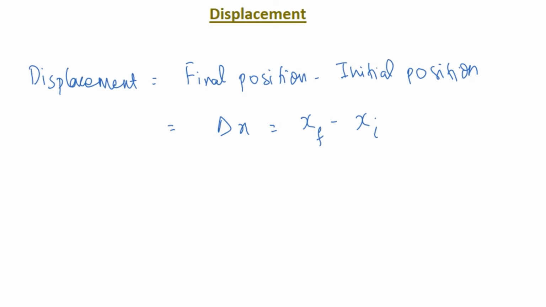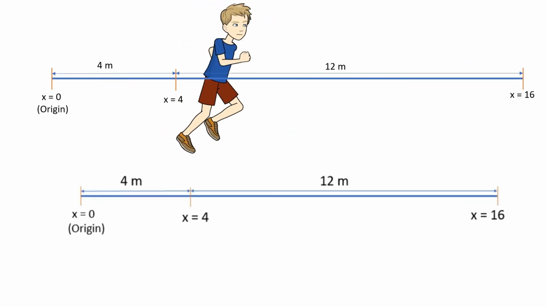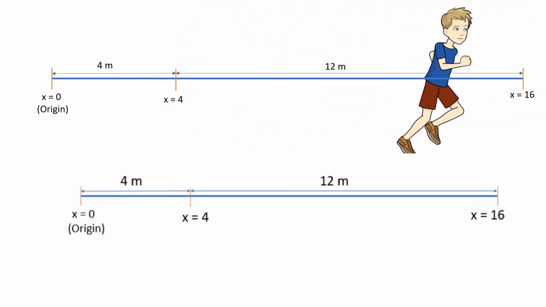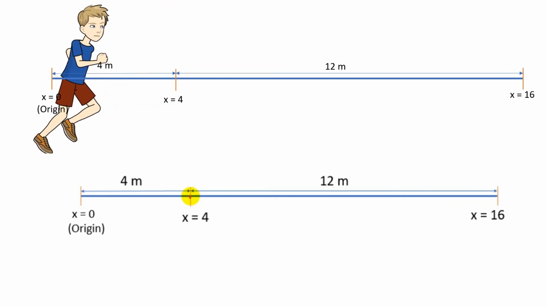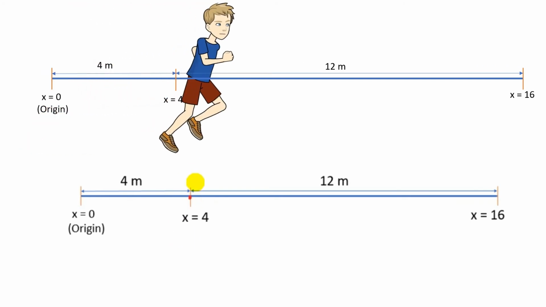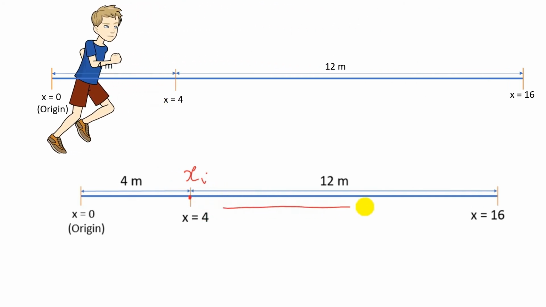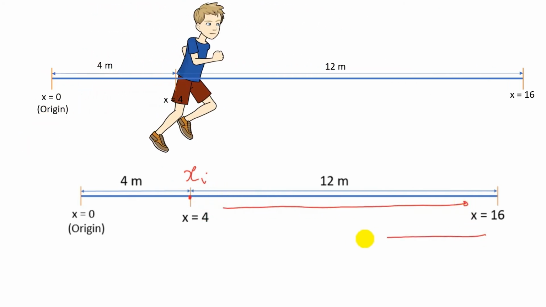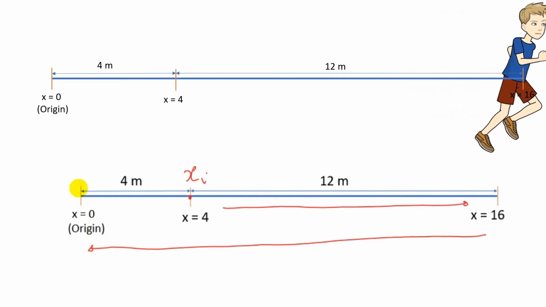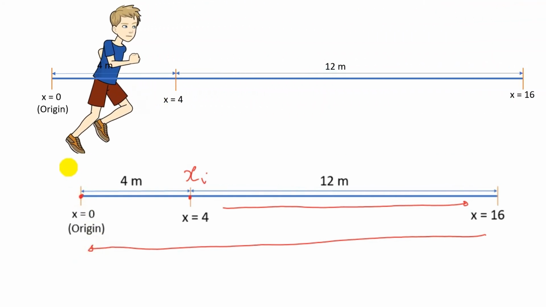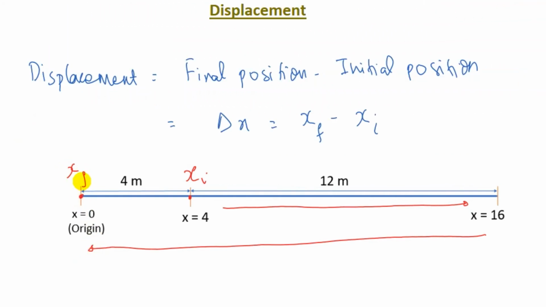Now let me consider this figure. This is the point where the cartoon character started, so this is the initial position, that is xi, and then it goes like this and then backward, and it stopped at this position. So this is xf, the final position.